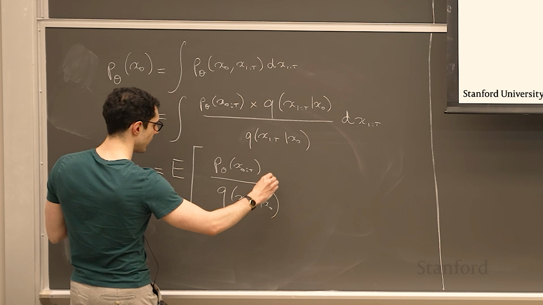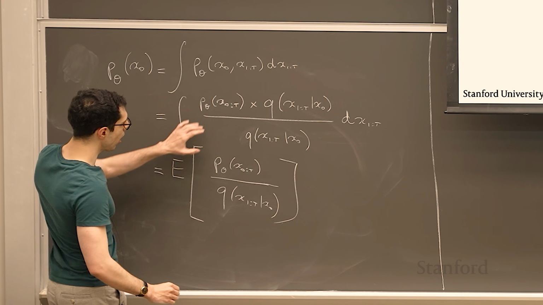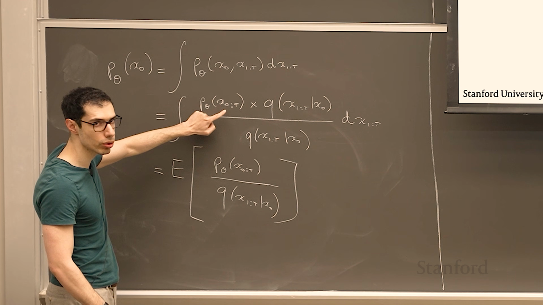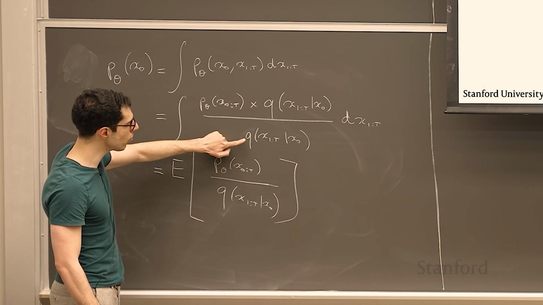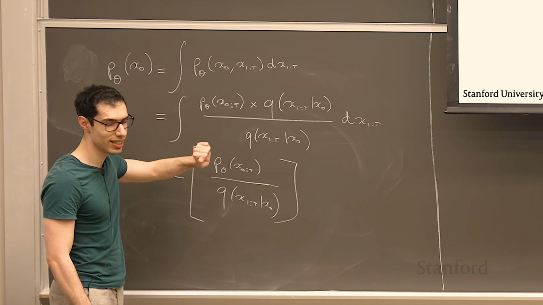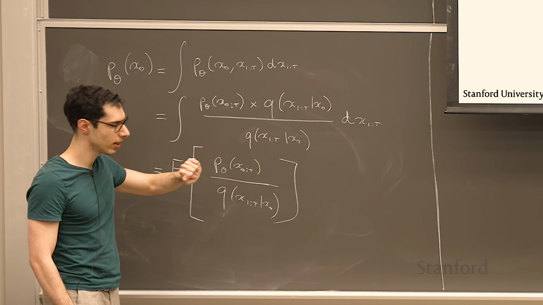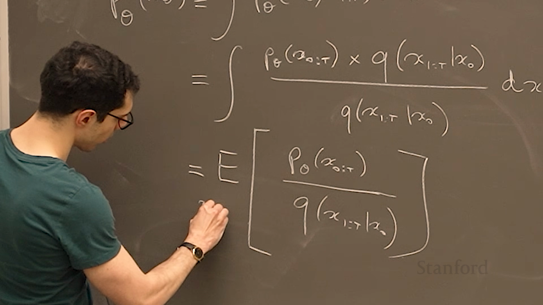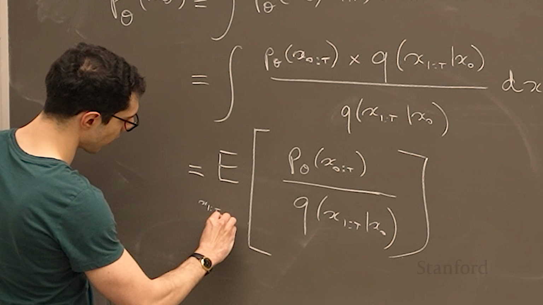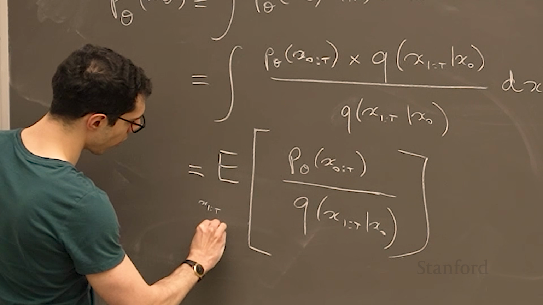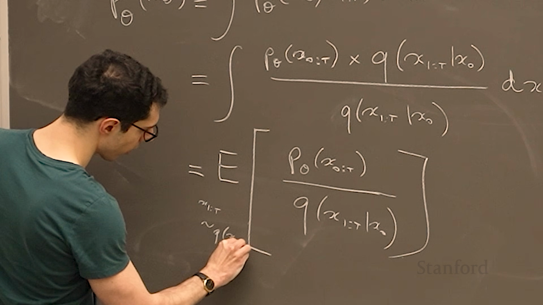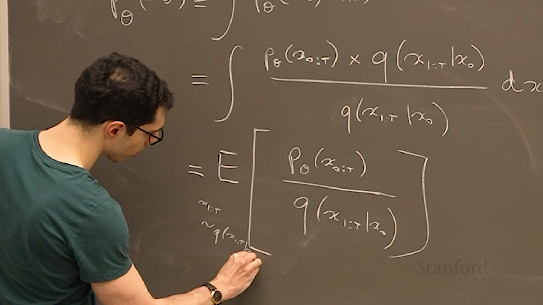So it's as if you were saying it's the expectation of this ratio, which is p theta of x0 to t over q of x1 to t given x0, where x1 through t is something that you draw from q of x1 through t given x0.